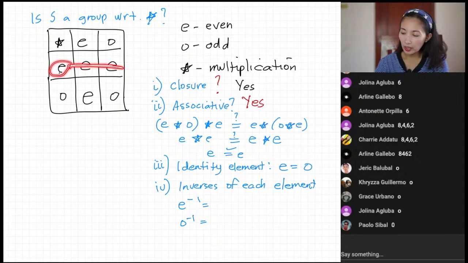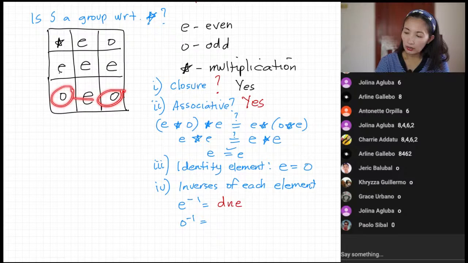So, E inverse does not exist. How about O inverse? Si O lang ang meron. O is the identity element. Sabi ko, hanapin nyo si identity element, si O. Its inverse is O.